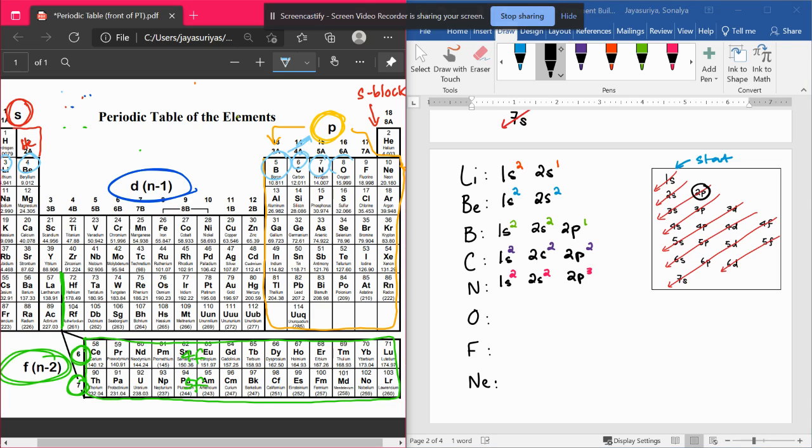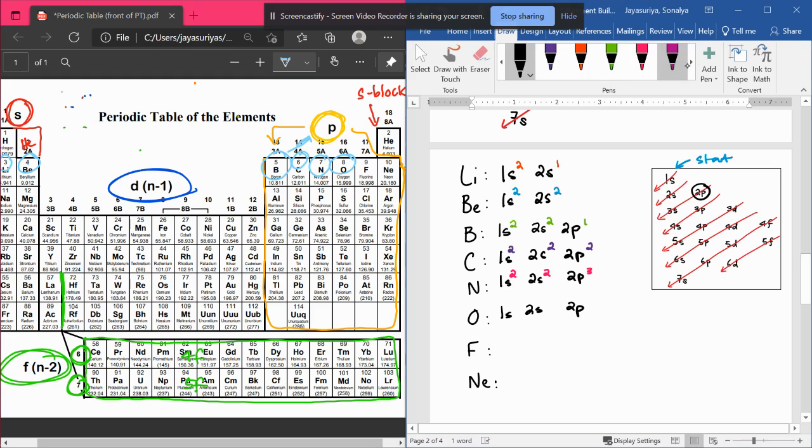The element is oxygen. Oxygen is in the second period in the p block. Stopping point is the same. What comes before 2p? 1s, 2s, 2p. Let's fill in electrons. 8 electrons in oxygen. 2, 2, that's 4. 4 left over. The leftover 4 go into the 2p orbital.